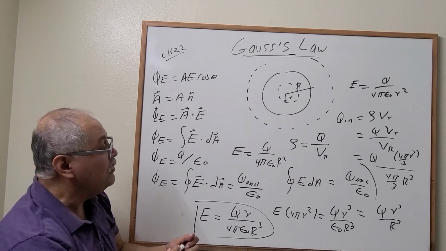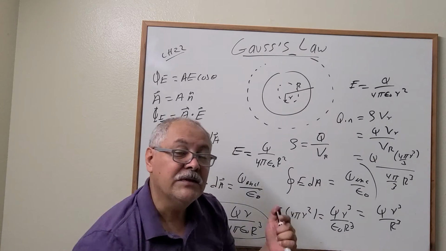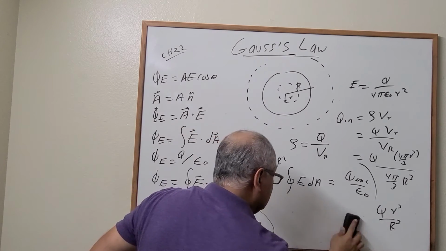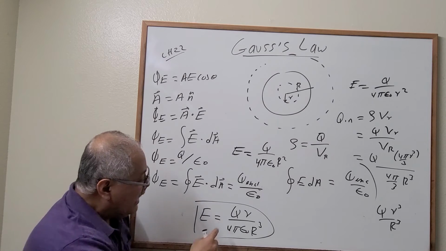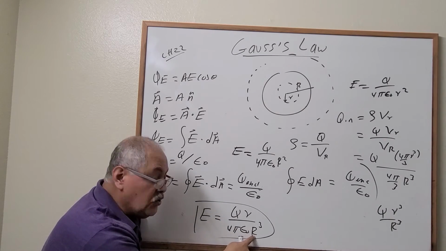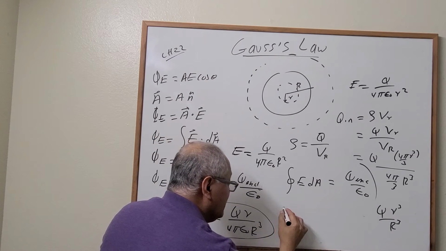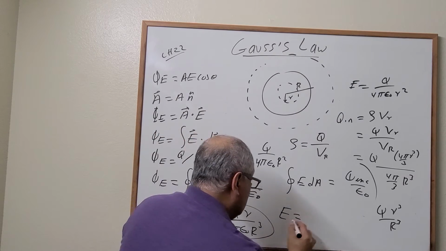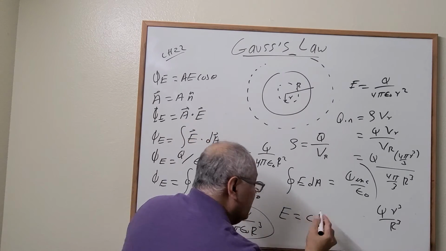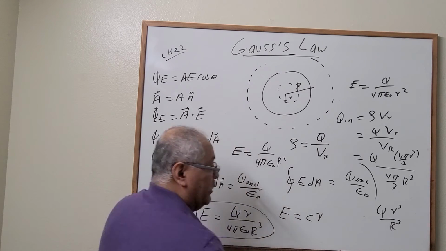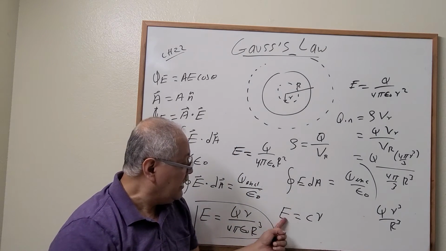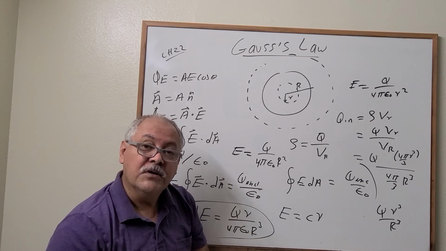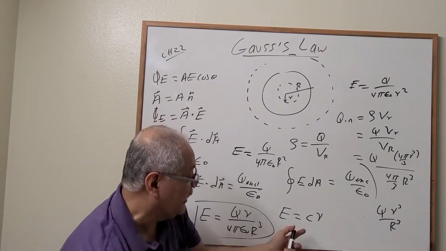Perfect. Now let's see how the graph looks, how the electric field behaves. As you can see, in this formula the charge is constant and the radius is constant, so the electric field is equal to a constant, let's call it C, times r. This is the equation of a linear function, so we have a linear equation right here, inside.